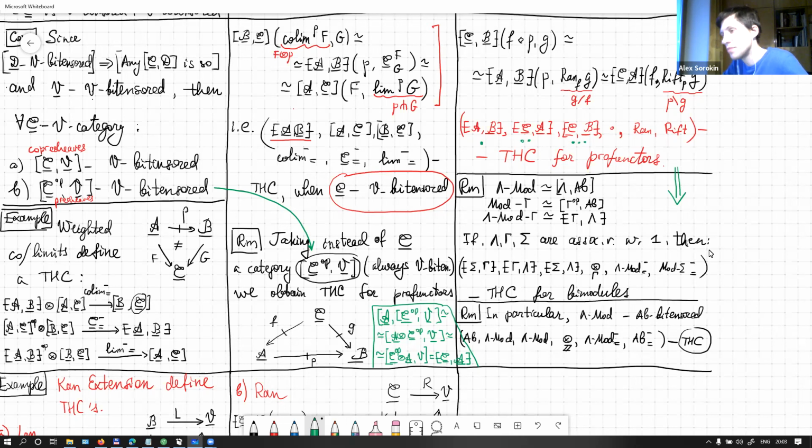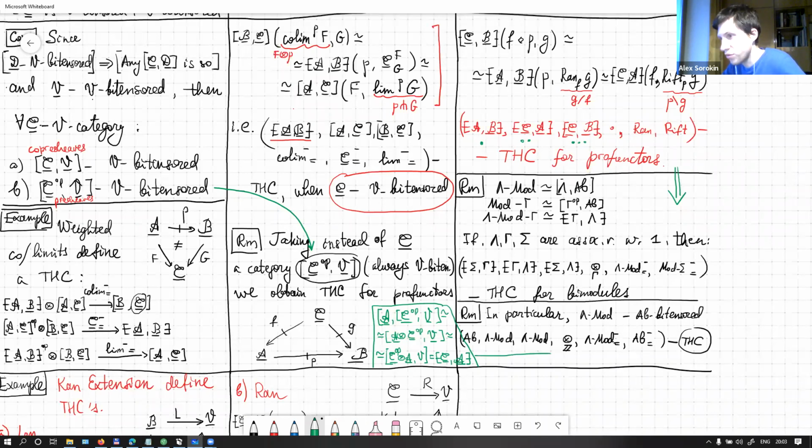In particular, I decided to write again the example from the beginning that I gave you. If I am taking category of lambda modules, it's bitensored by abelian groups. And in this situation, my tensoring is given by tensoring over Z. Hom is as in Hom in lambda modules, and cotensor is the Hom in abelian groups.